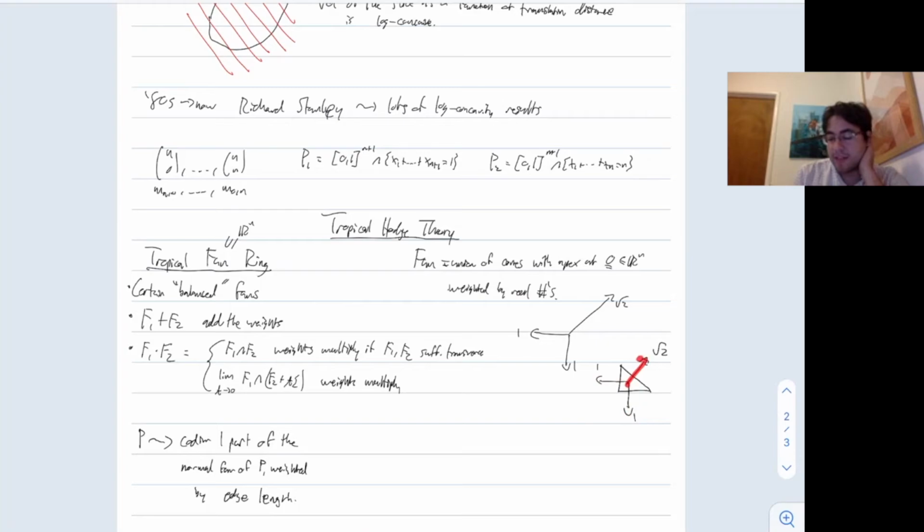So here I claim that if I add root 2 of this direction, 1 of this direction, and 1 of this direction, you get 0. Now, why is that the case? Well, here's a kind of cheeky reason. If I fill this triangle with air, then these vectors are the forces on each of the sides of the triangle.